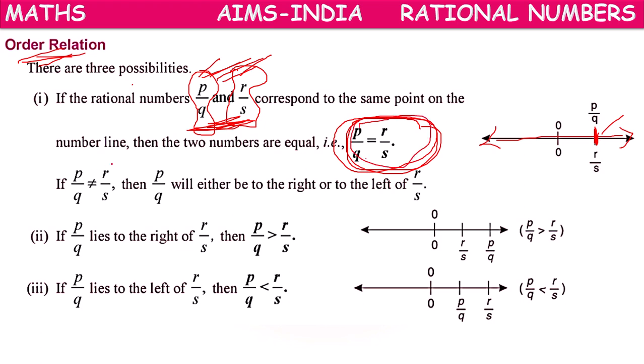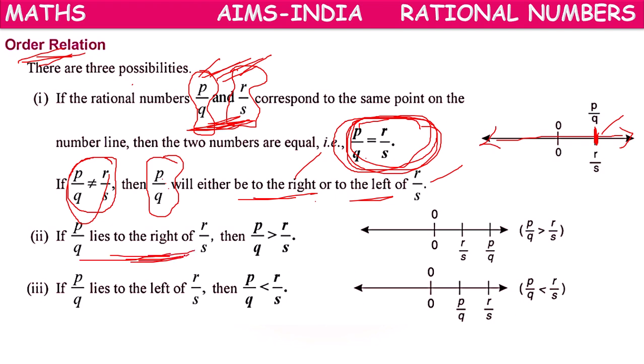If they are not equal, they do not lie on the same point. P by Q will lie either to the right of R by S or to the left of R by S. If they are equal, they lie at the same point. If they are not equal, one may lie to the right of the second one or to the left of it. When will it lie to the right of R by S?